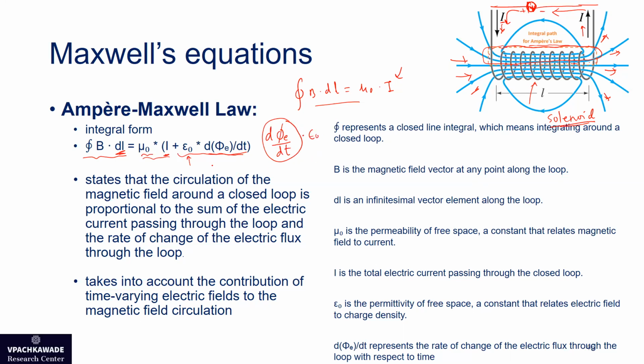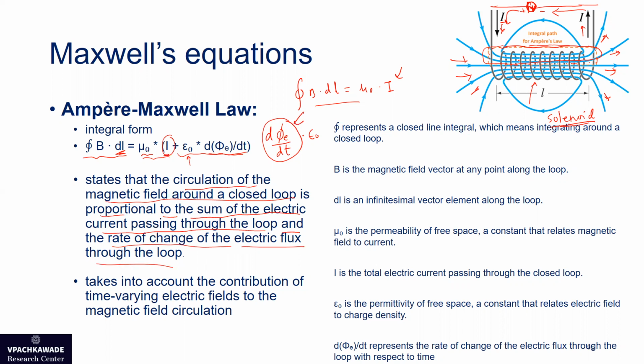So basically this equation states that the circulation of the magnetic field around the closed loop, whatever magnetic field we get around this closed loop, is proportional to two components. First, the sum of electric current passing through the loop, which is this component multiplied by mu naught, and the rate of change of electric flux, which is this component, through the loop.